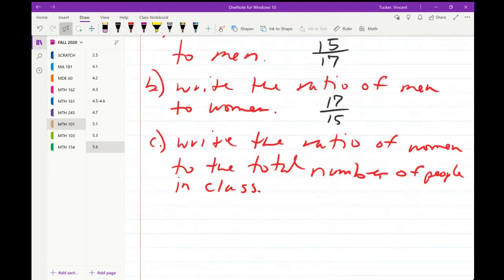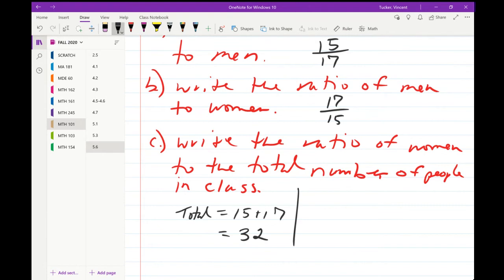Then they want us to write the ratio of women to the total number of people in the class. So the total number of people in the class is 15 plus 17, just adding up both categories, men and women. That's 32. So the ratio of women, which is 15, to the total number of people in the class, 15 to 32.